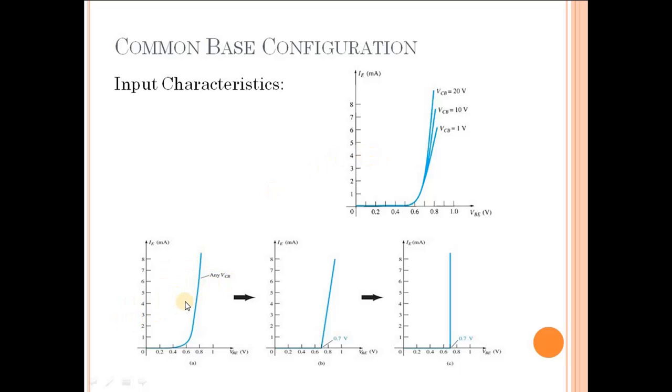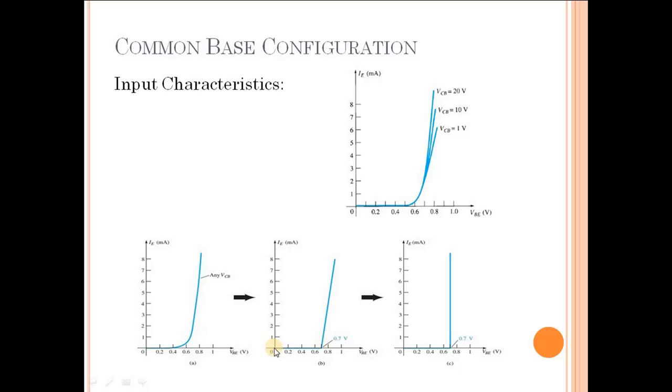Then, like we had been doing in the diode cases, we can apply the piecewise linear approximation to this curve, and we get a curve like this. This is the piecewise linear approximation model of the input characteristics. IE in milliamperes, VBE in volts again, but it has been made piecewise linear.